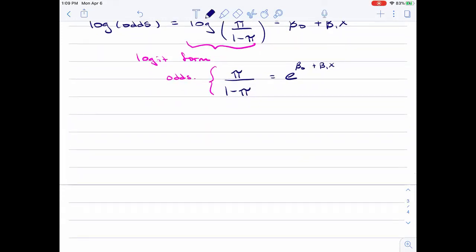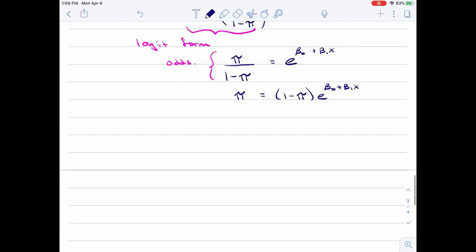So if I'm trying to solve for pi, then I get pi is 1 minus pi times e to the beta naught plus beta 1x. Expanding this, I get pi is e to the beta naught plus beta 1x minus pi e to the beta naught plus beta 1x.